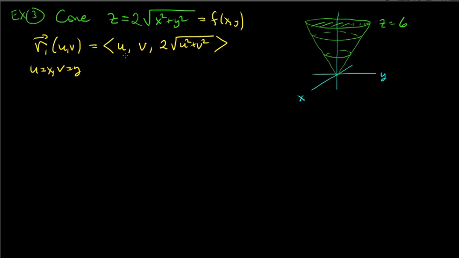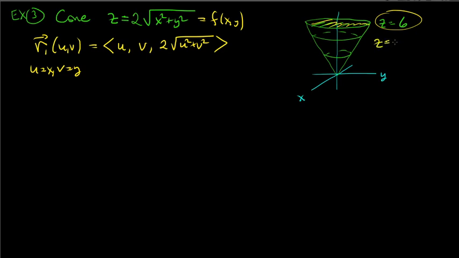Okay, so again, what are the bounds on u and v here? Well, let's see. Remember, z equals 6 is the top part of the cone here. That's just the plane that slices the cone at that level.